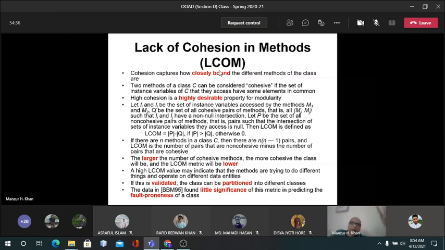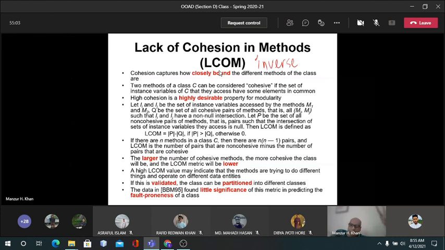So far, from my experience, LCOM is one of the smartest matrix I have ever come across, because it makes you think from various angles. First of all, it is an inverse matrix.